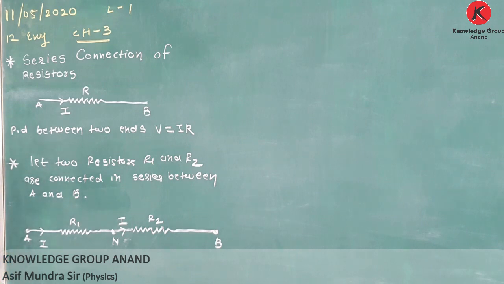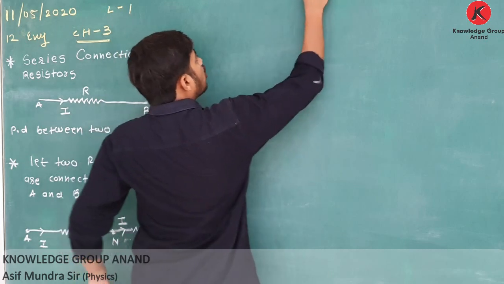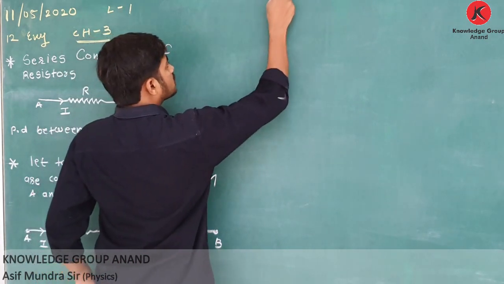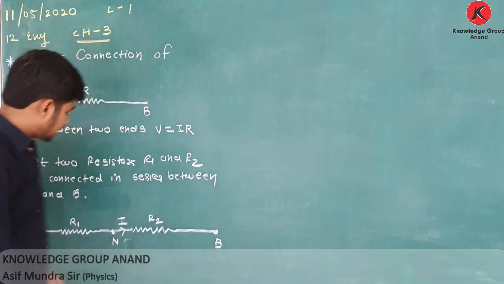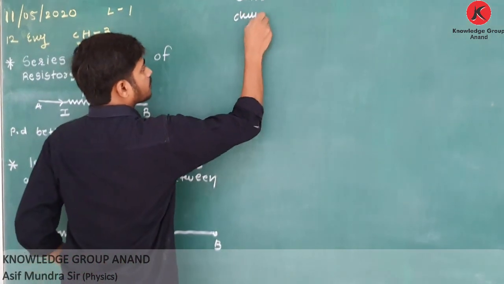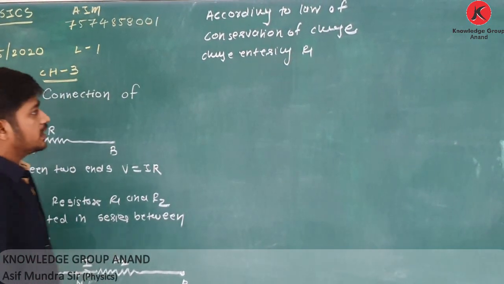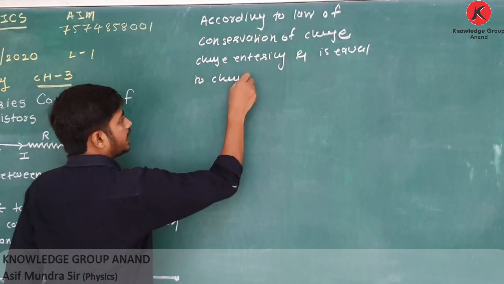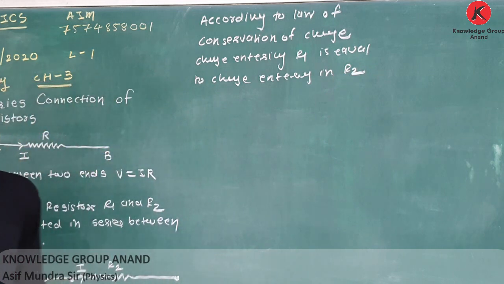First point in series connection, you have to remember that according to law of conservation of charge, as there is one path only, charge entering R1 is equal to charge entering R2, and rate of flow of charge is called current.